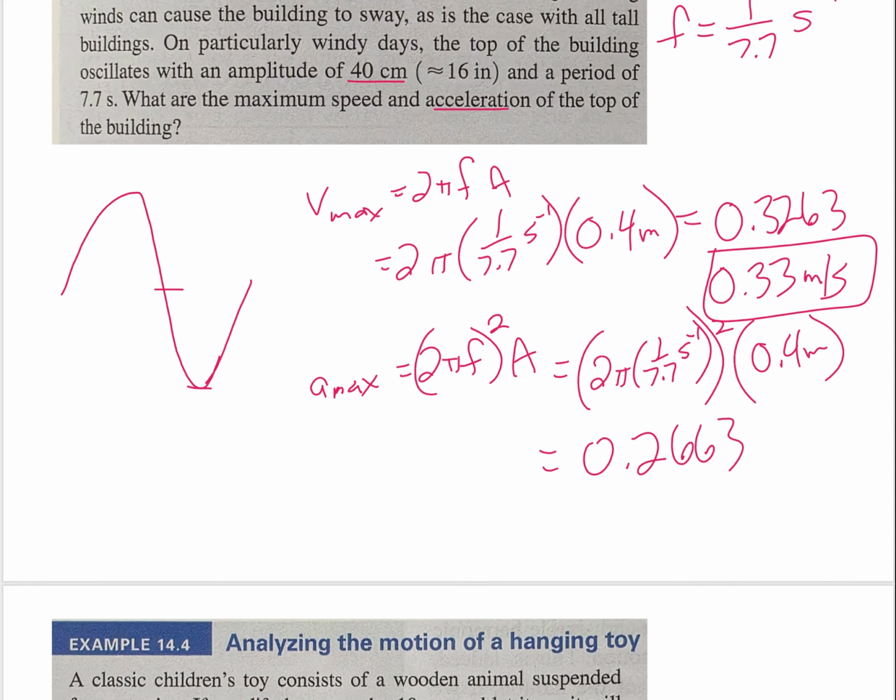And we're going to keep 2 again, so 0.27. What are the units here? That would be meters per second squared.